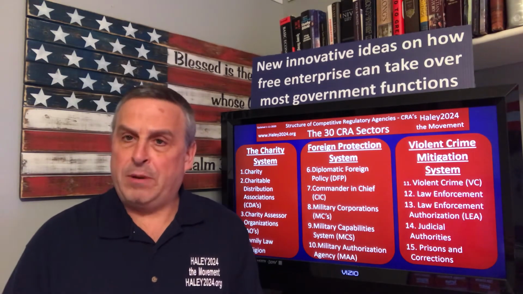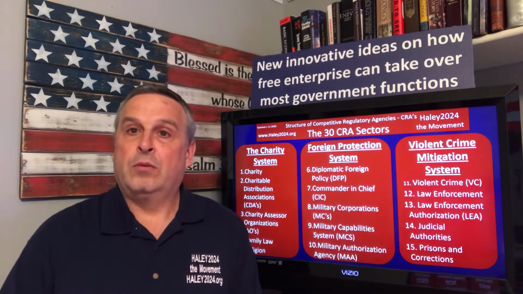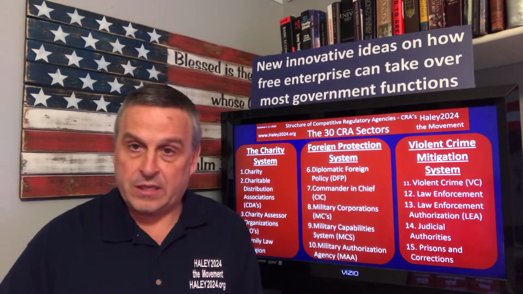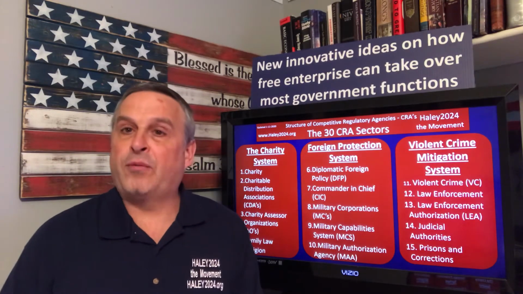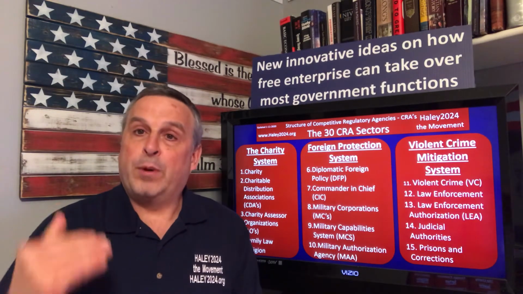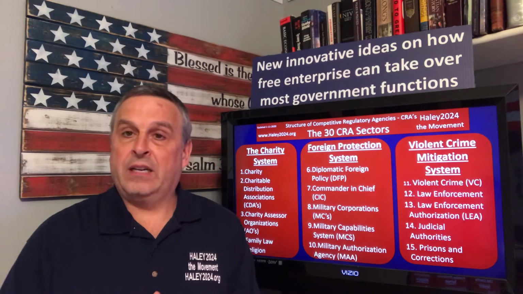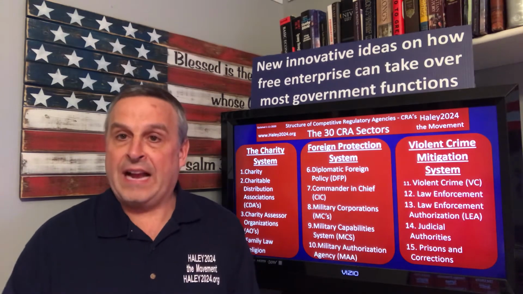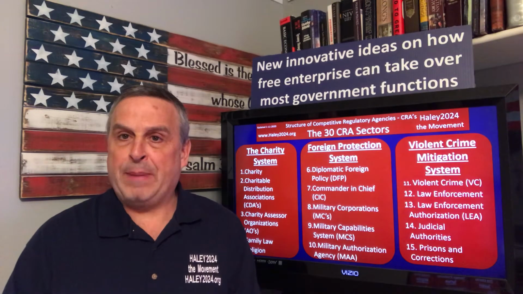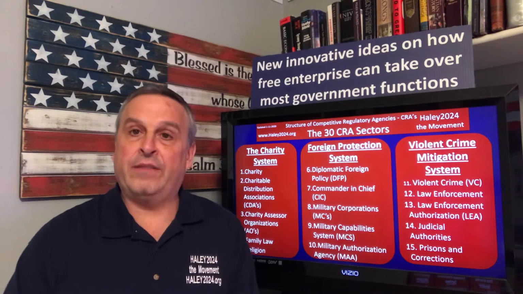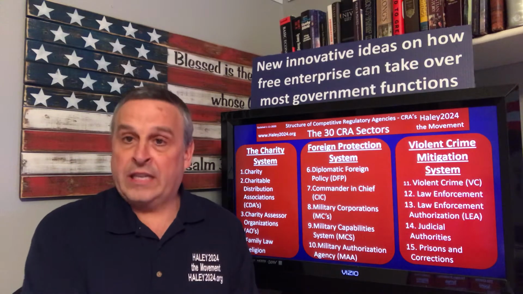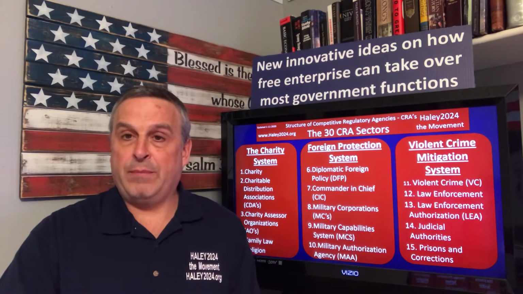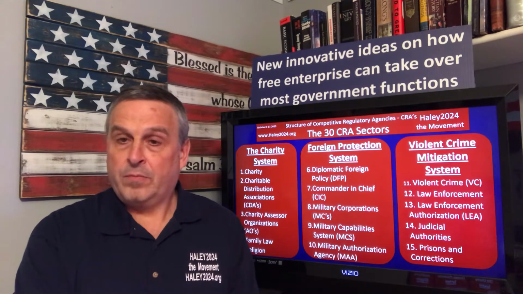Then 5 in the foreign protection. So the top diplomat, the president, is going to be a different person than the top commander-in-chief, the president. We could probably have different names for him. But you're going to see that we're separating powers significantly more than what we currently have. We say we have separation of powers by having legislative, executive, and judicial. We're going to continue with that, but we're separating all powers of government into 30.